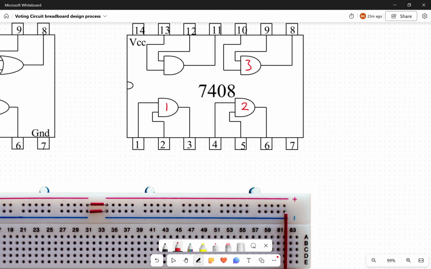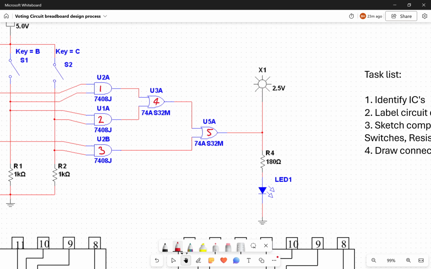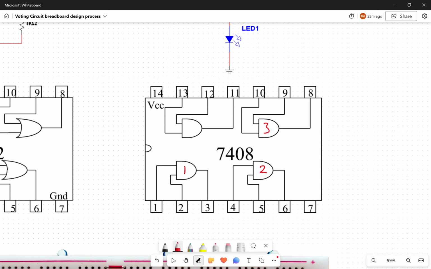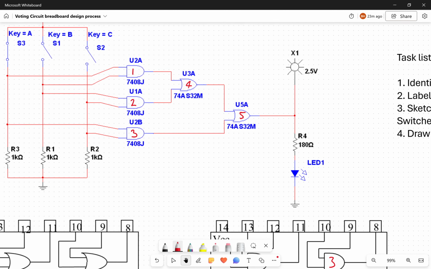So what we're going to do now is, on our circuit diagram, because that's an AND gate, we've labelled it number 1, which corresponds to this one here. We can see that the inputs to this AND gate are pins 1 and 2, and the output of that gate is pin 3. And we're going to transfer that information up onto our circuit diagram.